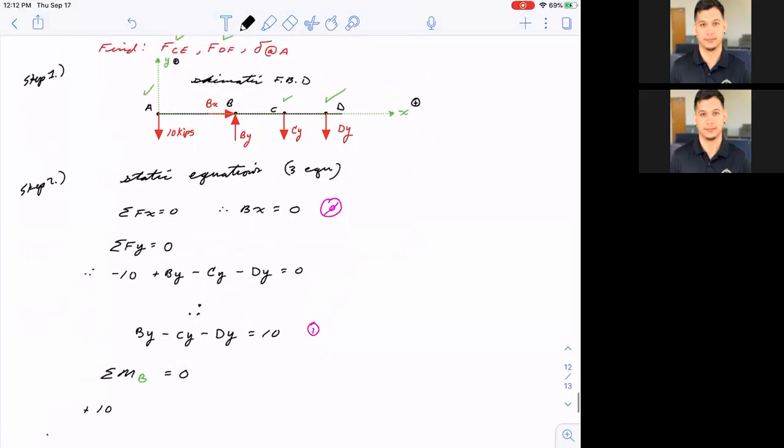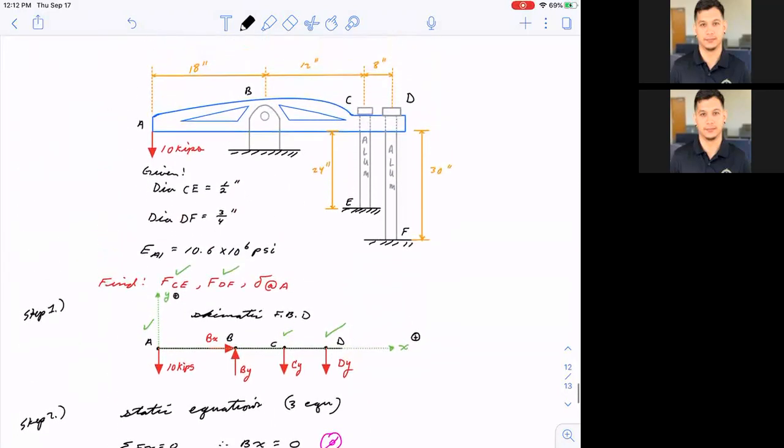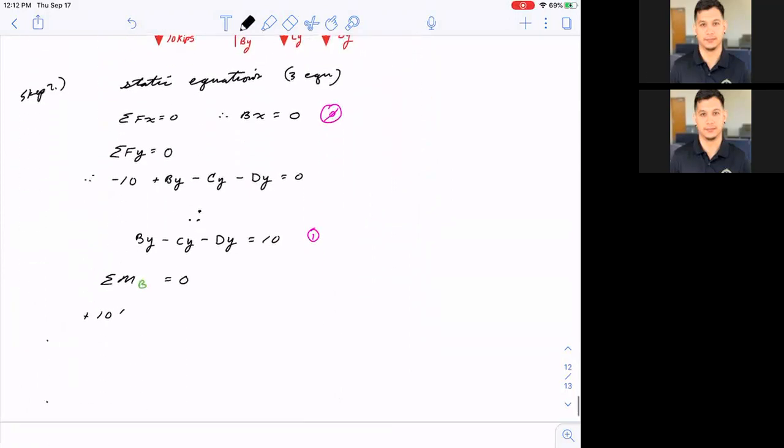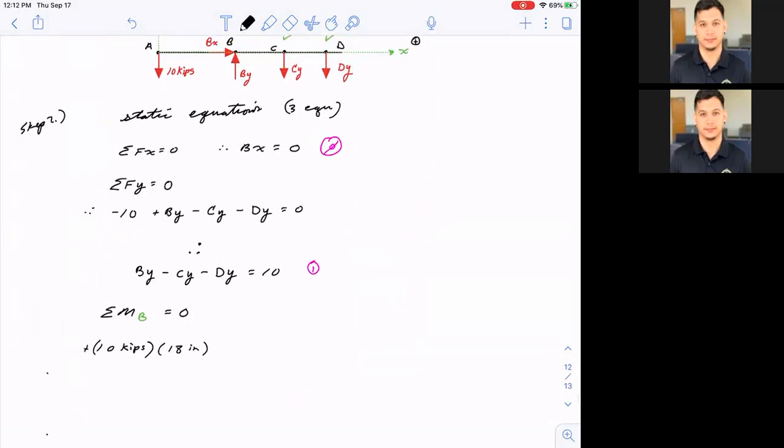positive 10 multiplied by the distance 18 inches. So 18 inches. Let's put the units. Kips, 18 inches. And the moment given by C is going to be clockwise.